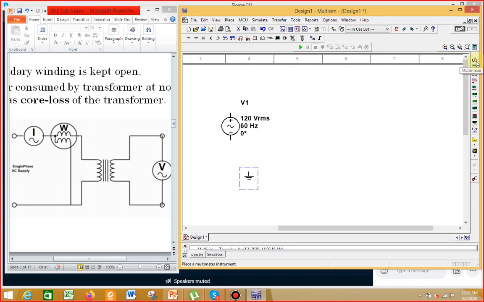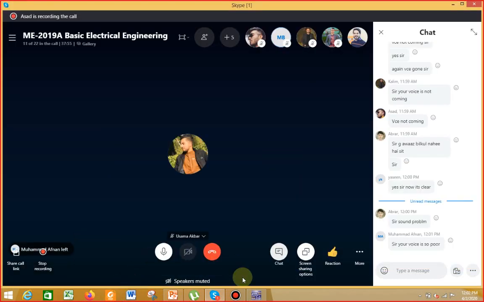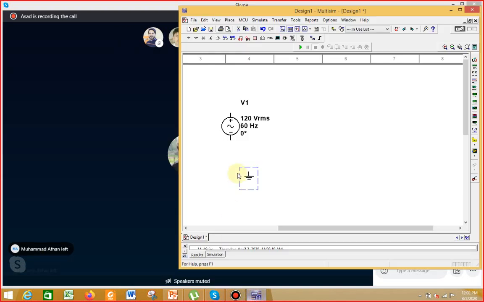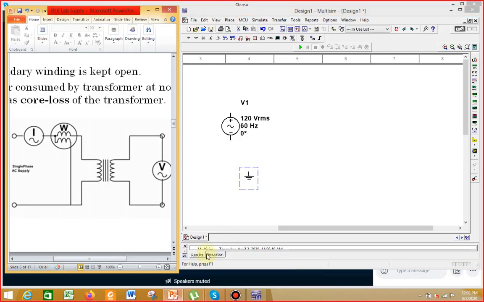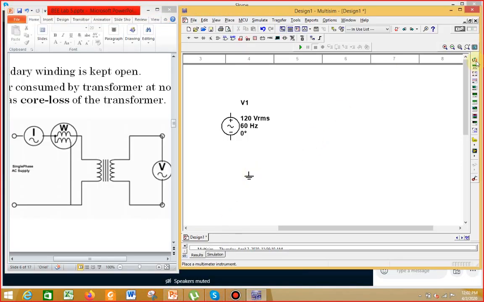So on the right top you can see that there are a few multimeters. Multimeter, wattmeter, they are available on the right side of your window.